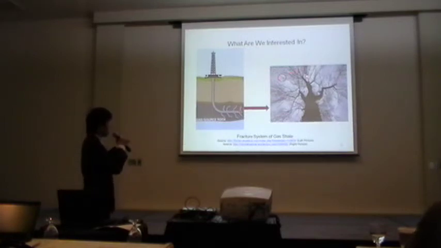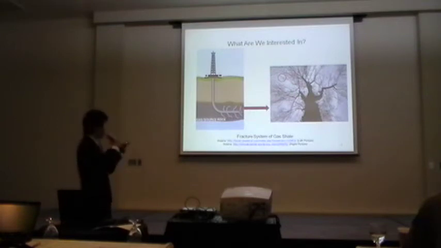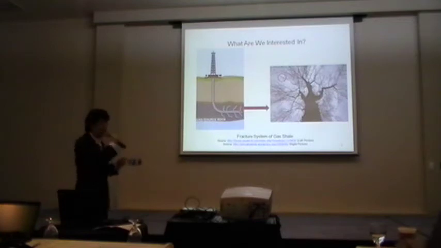When gas is being produced through this path, the gas pressure will decrease, but the formation pressure remains the same. What does it mean? It means the net stress acting on the fracture increases.